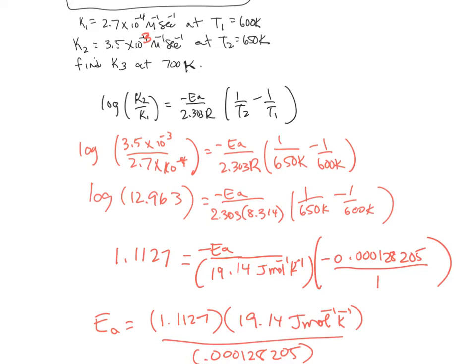What we're going to do for the next step, we're going to substitute T3 here and K3. You're looking for K3 at T3. We're going to leave K1 and T1 the same, and the activation energy that we just calculated, we're going to plug in here. And so the only unknown will be K3. So that would be the strategy there.